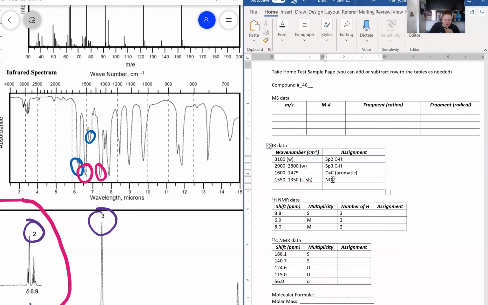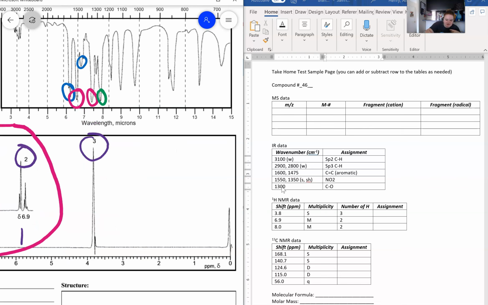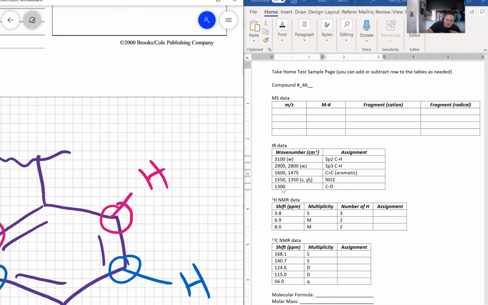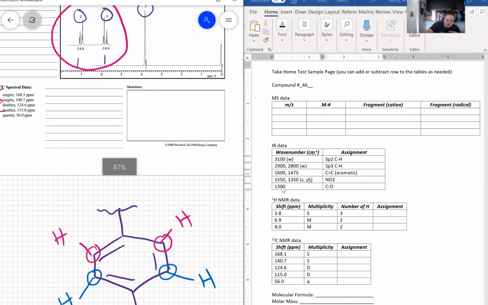And then one more peak that's pretty strong is the next one over, so right here at 1300. And this is a pretty common one to see. A peak at 1300 is a carbon-oxygen single bond. So with this new piece of information, we go down to our structure.